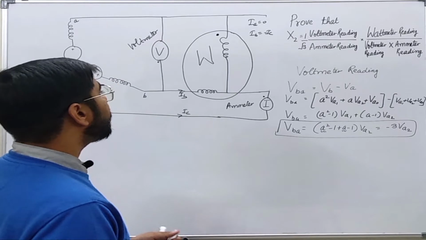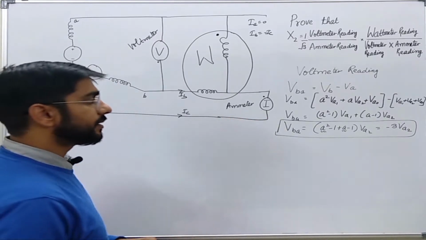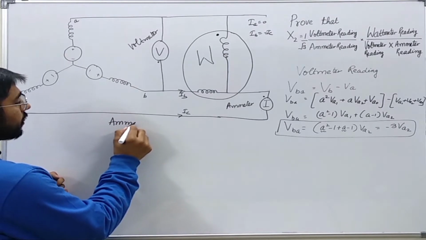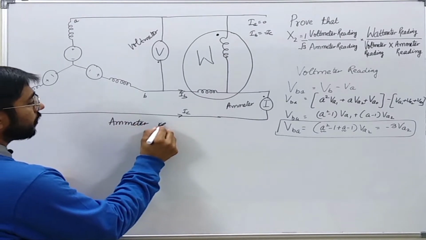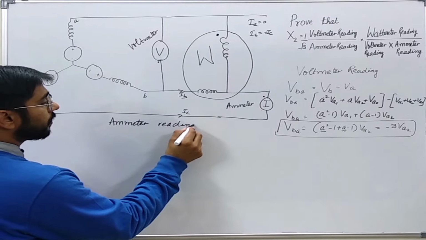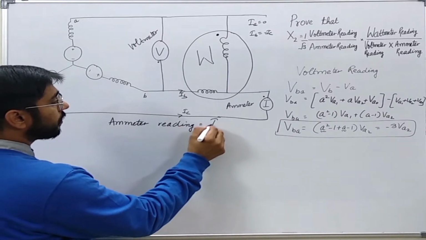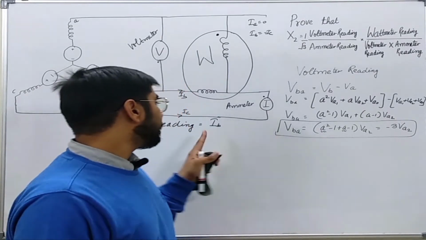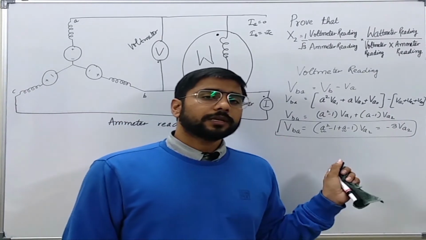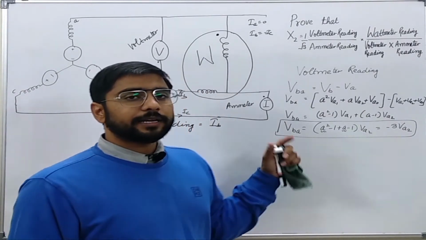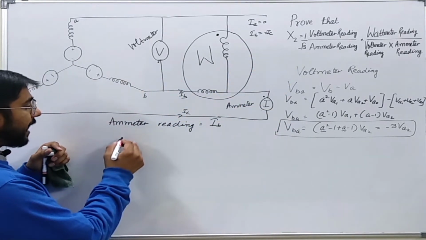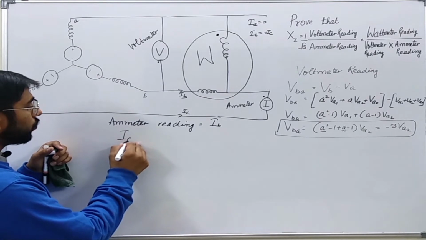Now we need to find what this ammeter reads. This ammeter reads IB. If I somehow convert this IB into IA2, then we will get some relation to find this X2. So we will try to write IA2.